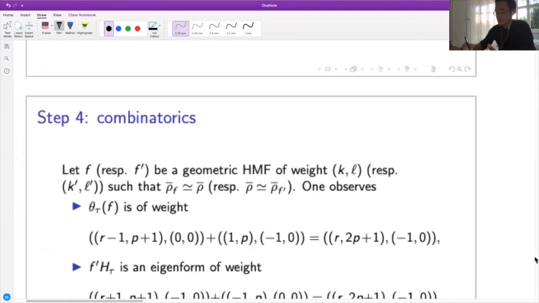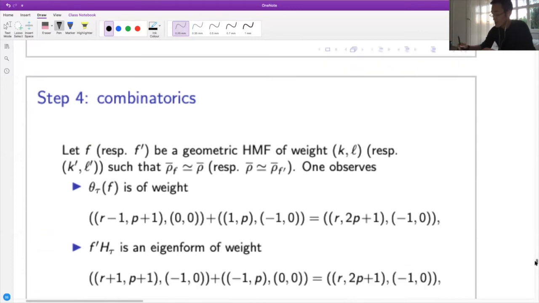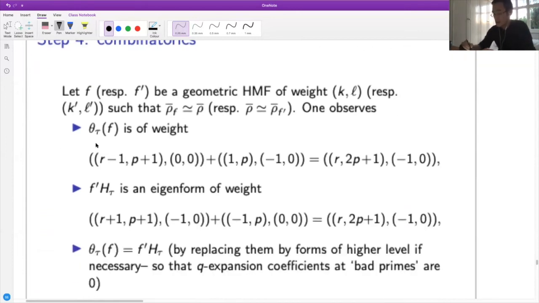So let F and F prime respectively be the geometric Hilbert modular forms of weight k, l and k prime, l prime. What you do, on one hand, is use the theta operator at tau. This would increase the weight of F by this much. So this is my weight k, l. And if you do the addition, what you get is this.